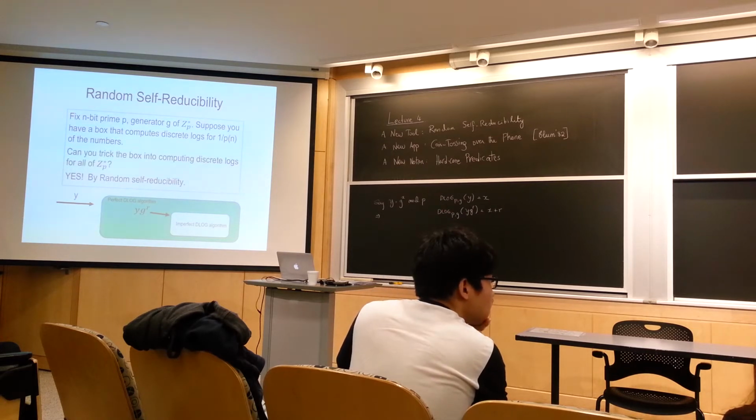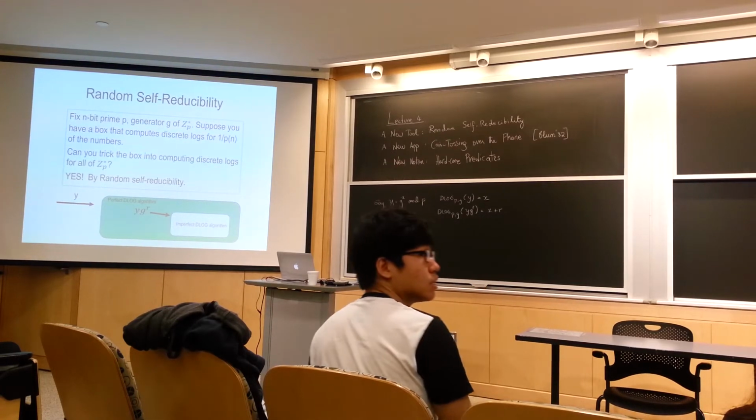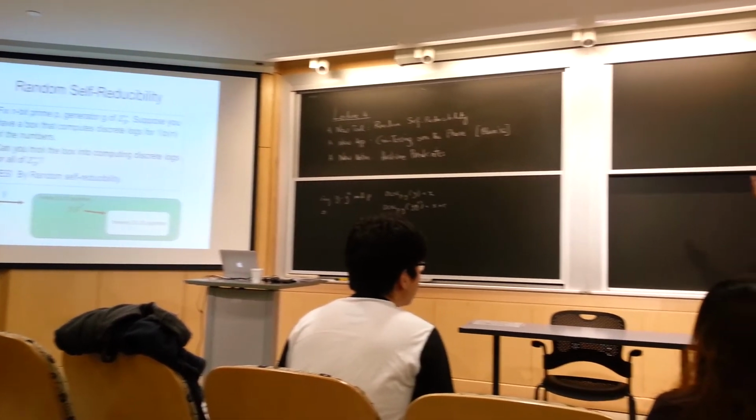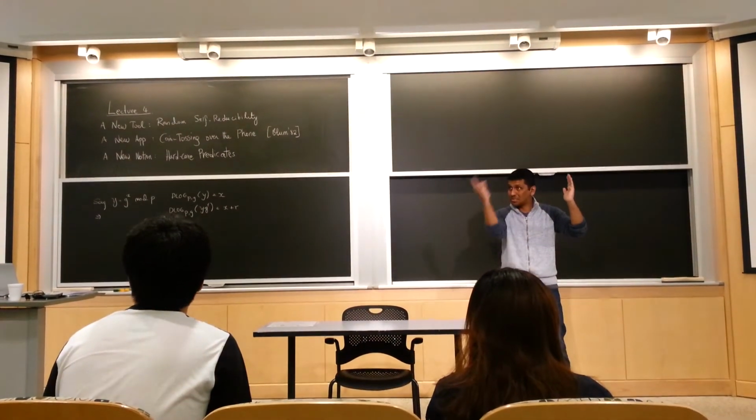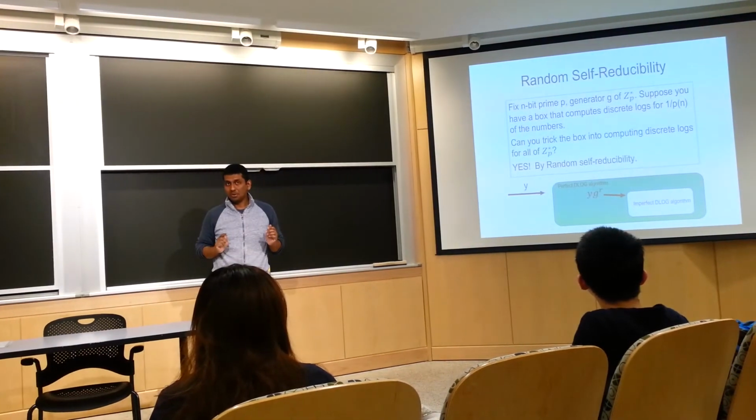If I pick r randomly from the interval 1 up to p minus 1, these are all possible exponents of g, so they cover all the group elements.